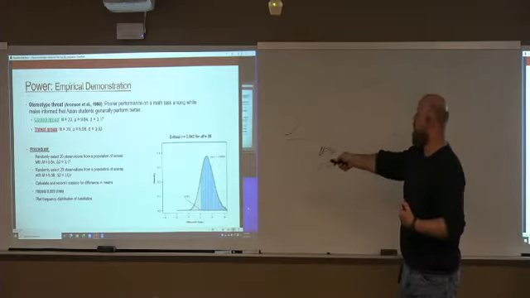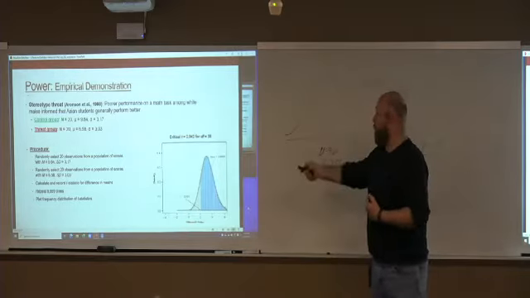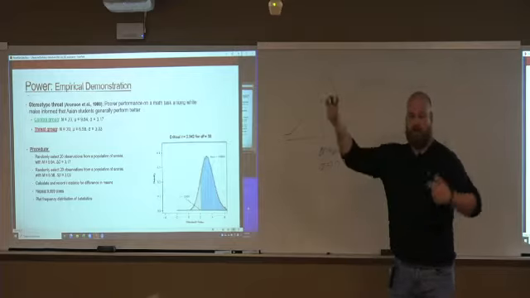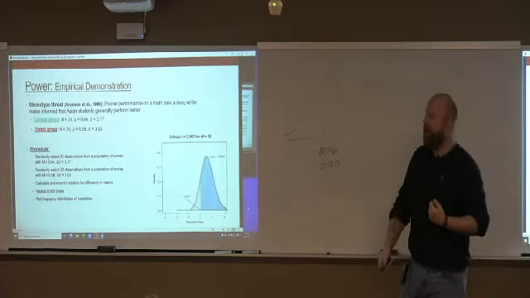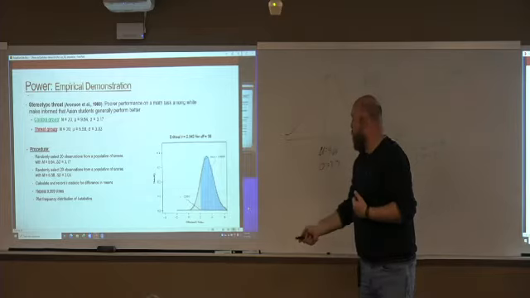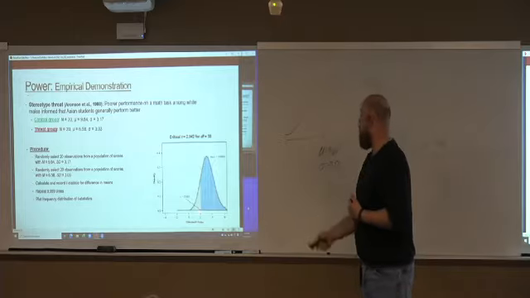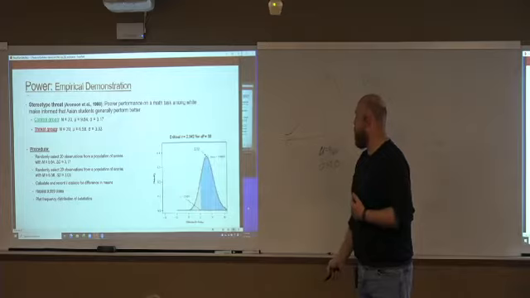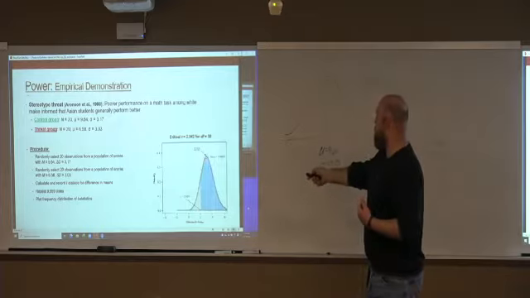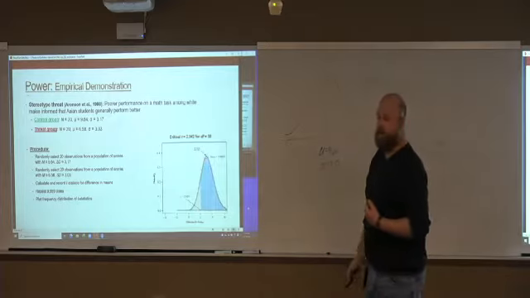Now, in this case, my critical t value with 38 degrees of freedom, because I got 20 and 20 minus 2, 38. My critical t here is 2.042 or 2.024, okay? And what I would find in this situation is the mean of my t's is 3.12, right?